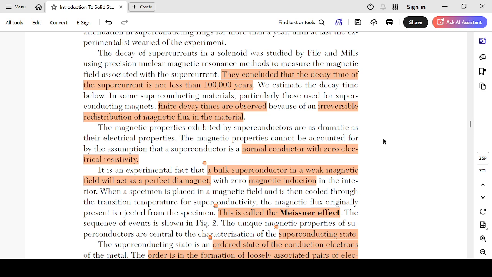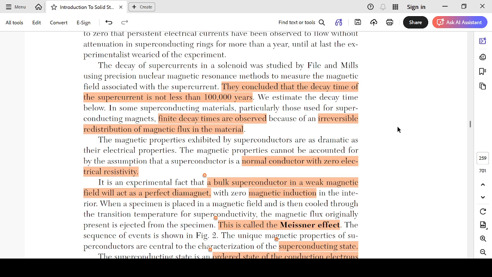From the above observation, we conclude that it seems the decay time is infinite, meaning the current will persist to flow for indefinite time.